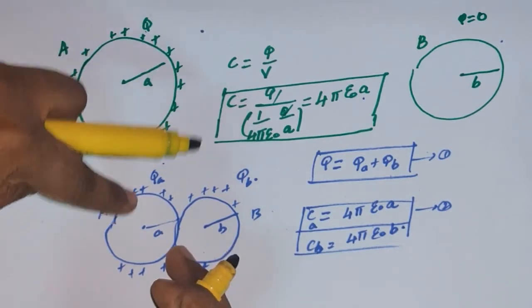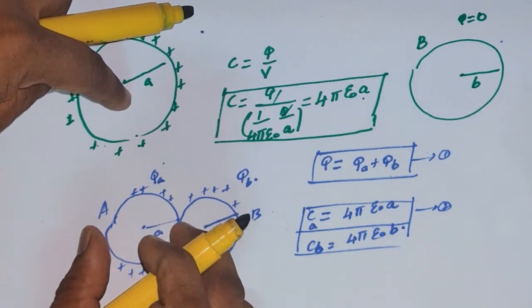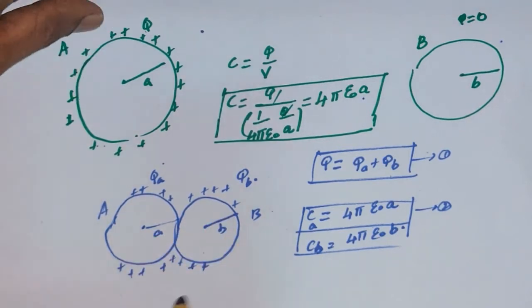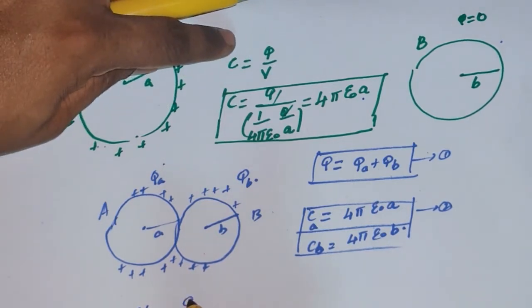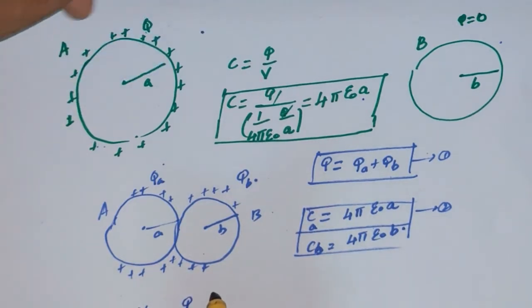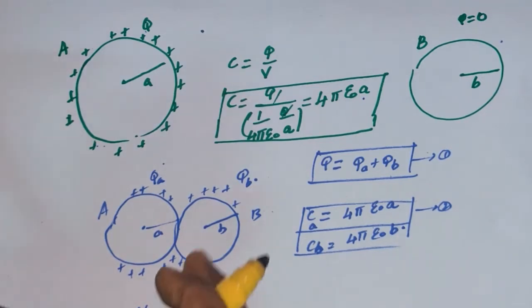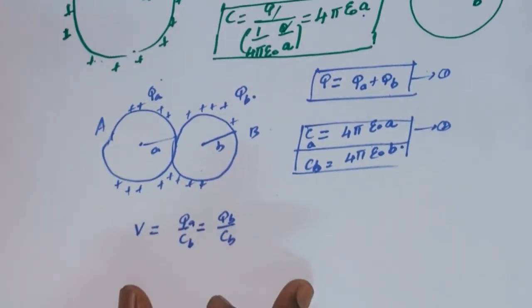After touching the two spheres, the potential on sphere B must be equal to the potential on sphere A. In general, the potential is charge divided by capacitance, so QA by CA equals QB by CB. Once they are charged, they reach equilibrium, and the potential on the two metallic spheres will be equal.